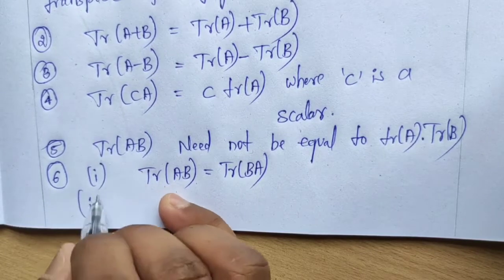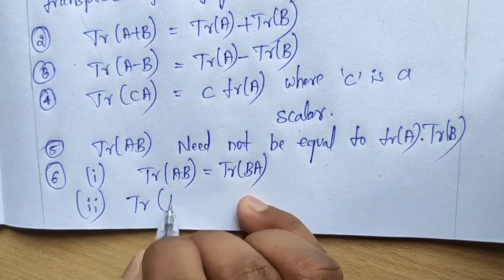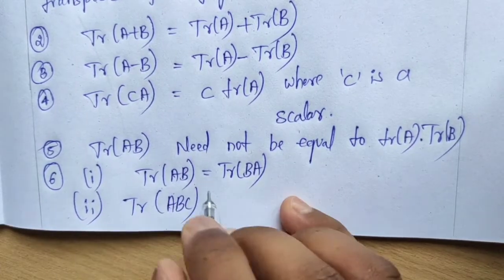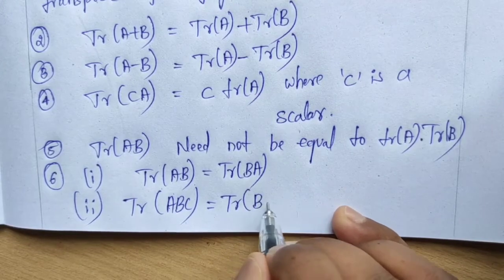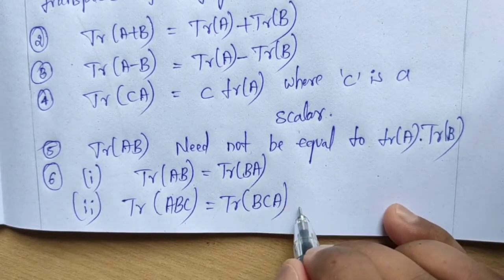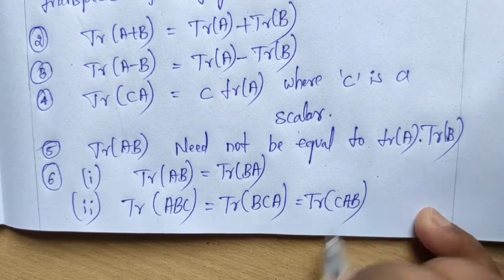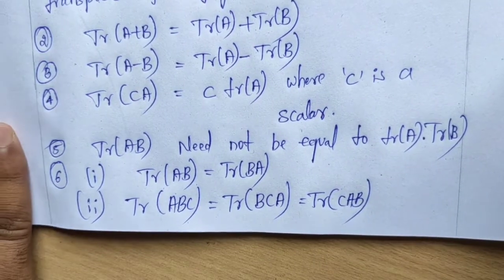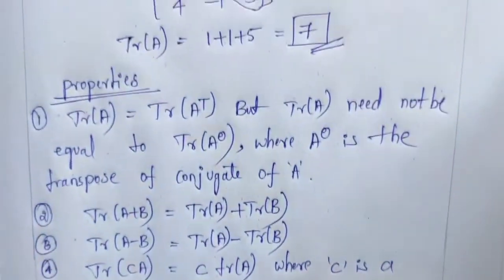The second one, trace of ABC equals trace of BCA equals trace of CAB. There are six important properties on the trace of a matrix.